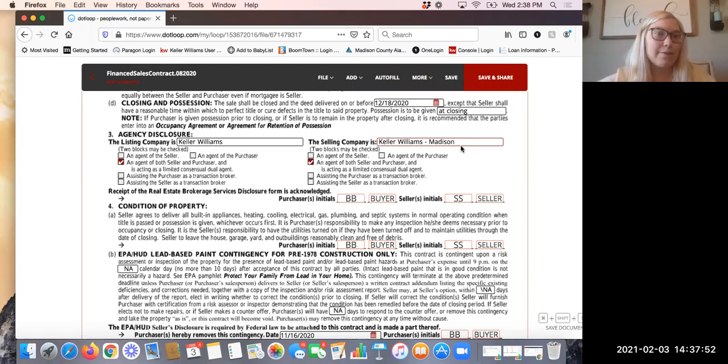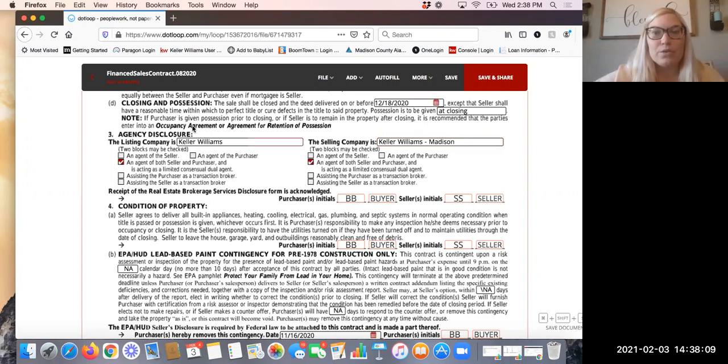It does not matter if it's Keller Williams Madison, Keller Williams Huntsville, Keller Williams Birmingham, Keller Williams Anniston, Keller Williams Coleman. If Keller Williams is on the other side, it is limited consensual dual no matter what. It is still the same brokerage overall.